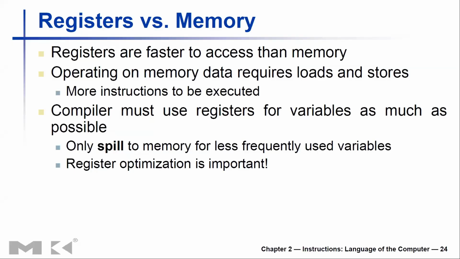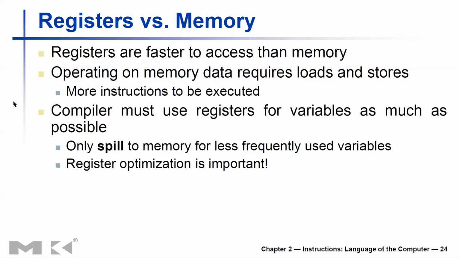So when you are operating on data available in memory, you need to perform these additional load and store operations, to load something from memory and then store the result back.